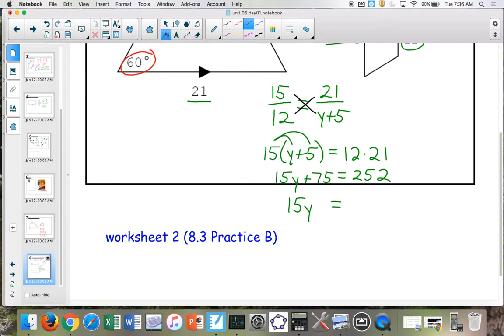Subtract 75 from both sides. And then divide by 15.